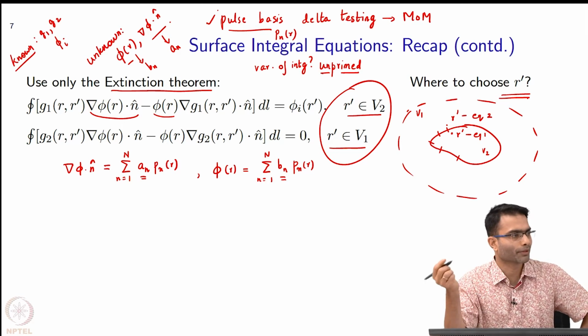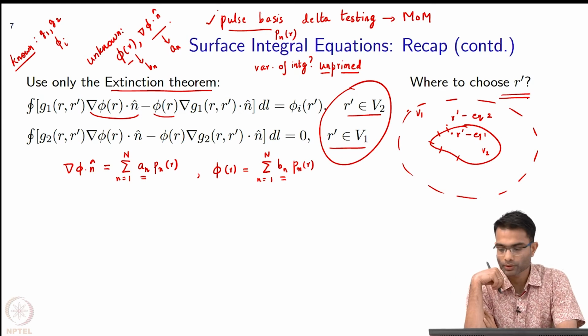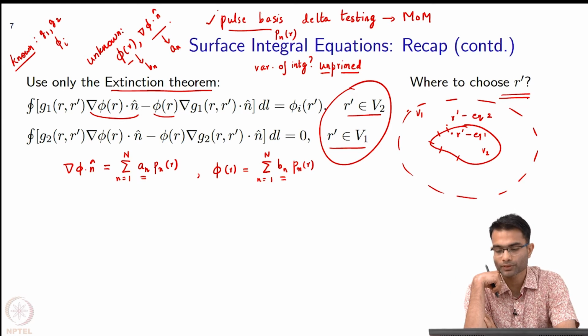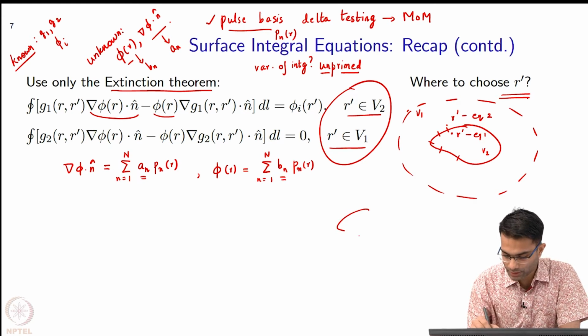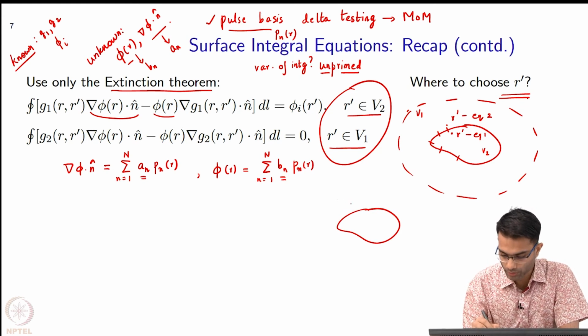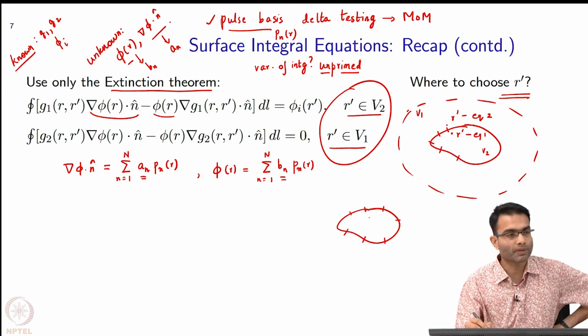It's not very complicated. Look at the constraint: r prime for the first equation can be anywhere in V2, right? So let's take one case over here, this is my V2, and there are various N segments over here like this, and it's up to me where I choose these points.